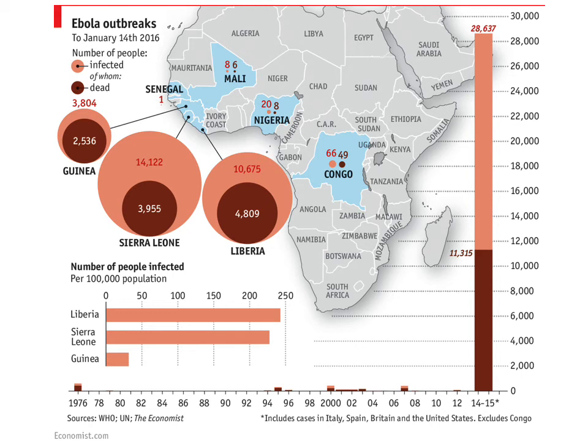It continued for more than 2 years, and a total of 28,616 confirmed, probable, and suspected cases were reported in Guinea, Liberia, and Sierra Leone together, with over 11,000 deaths.